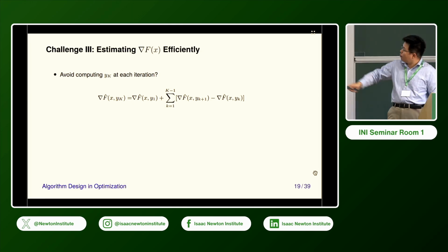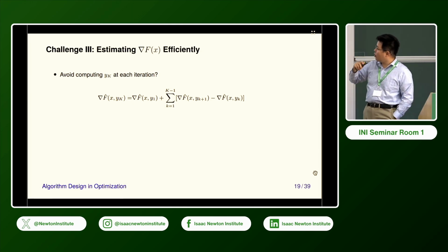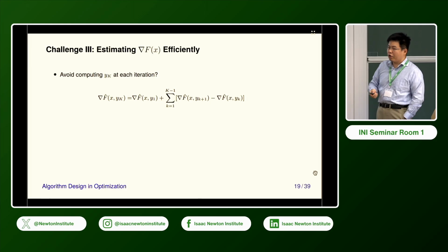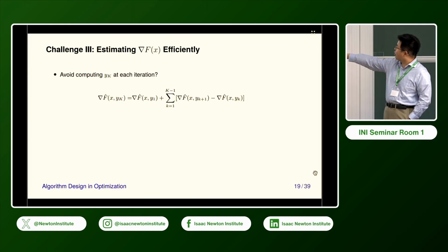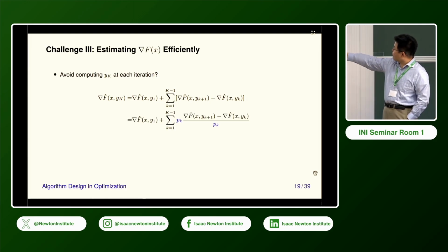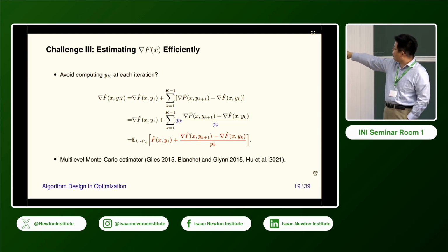So one thing you could do is leverage the so-called randomly truncated multi-level Monte Carlo estimator. The idea is like this. This is the estimator you want to build. You just write it as a telescoping sum. Nothing too difficult. You multiply pk, you divide pk. And then you let pk sum up to 1 and be non-negative.